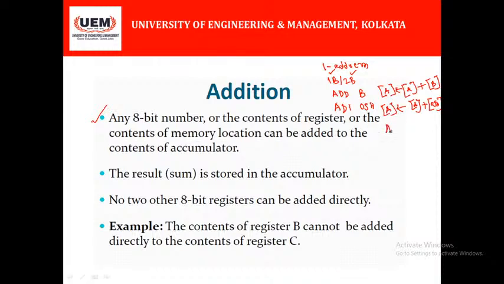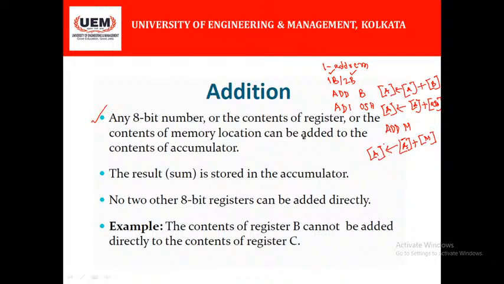Another example, ADD M. In that case, the content of the accumulator plus the content of the memory location is added, and the result is stored in the accumulator.